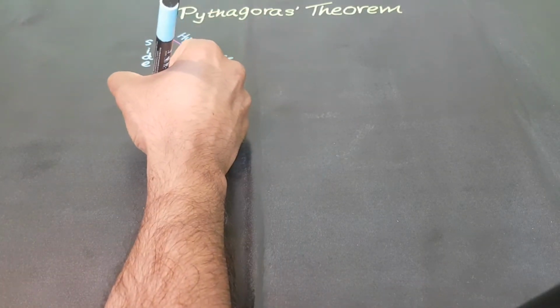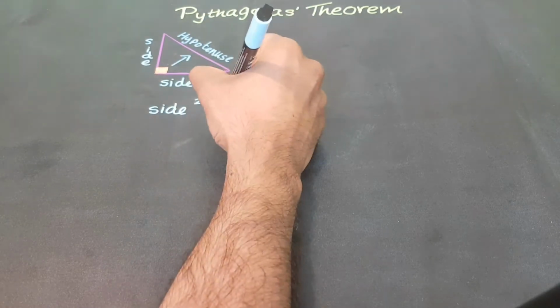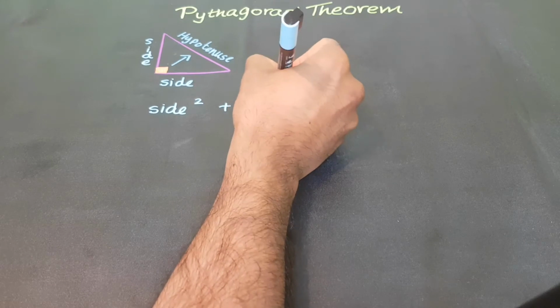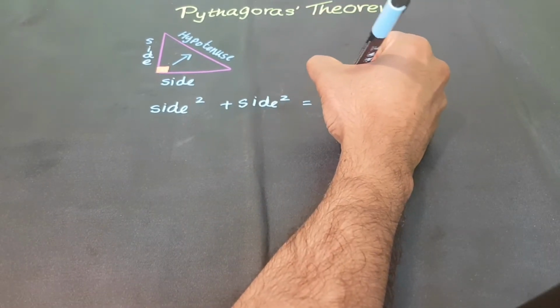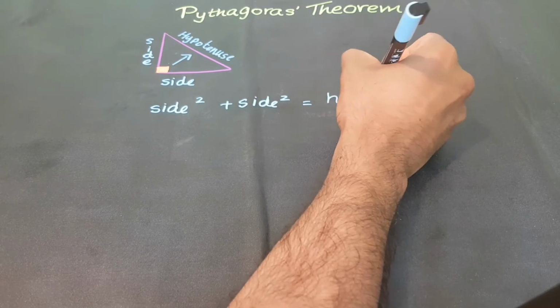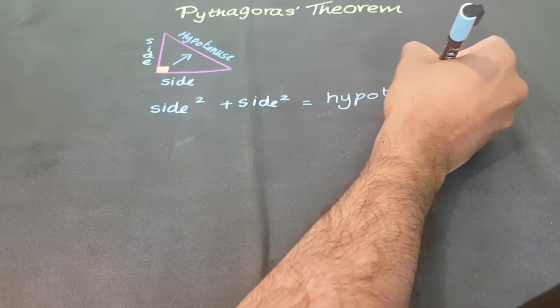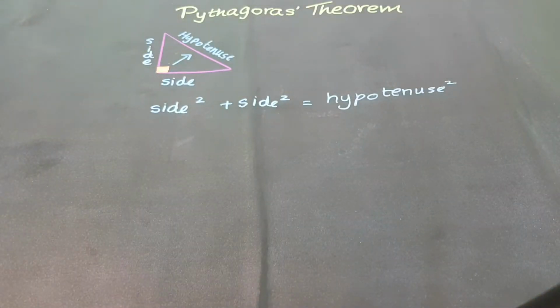So if I take a side and I square it and add it to the square of another side, that would give me the square of the hypotenuse. There we go. And that's what the Pythagoras theorem states.